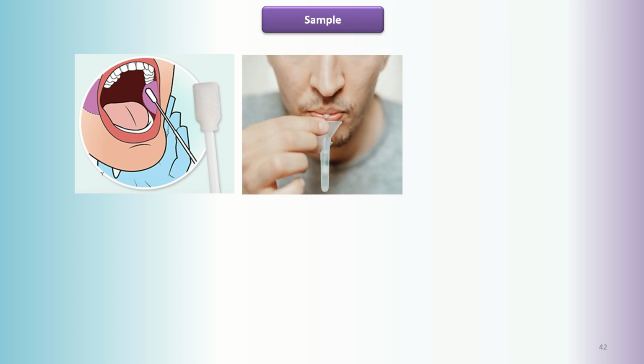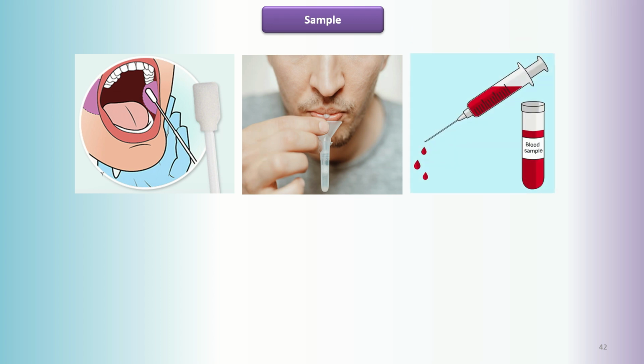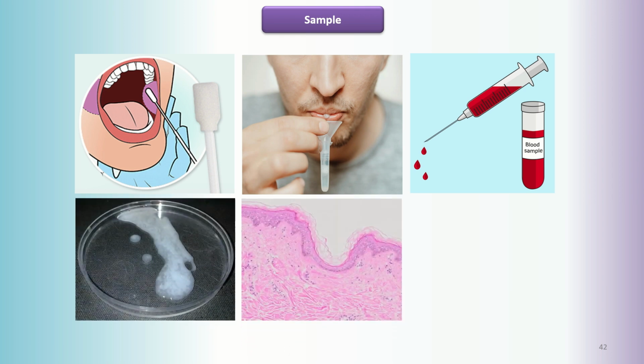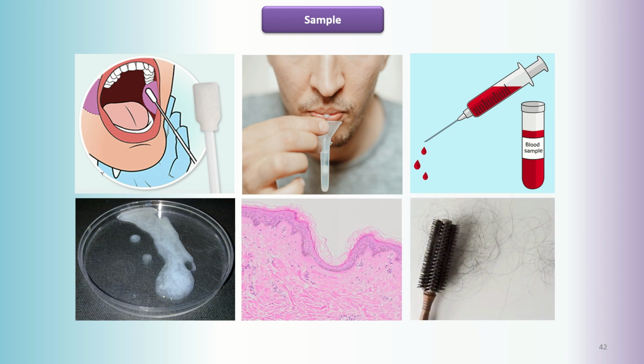Saliva can also give DNA, as in saliva we can get DNA from white blood cells and buccal cells present in the solution. From blood, semen, and any tissue, we can also get DNA, and from hair.